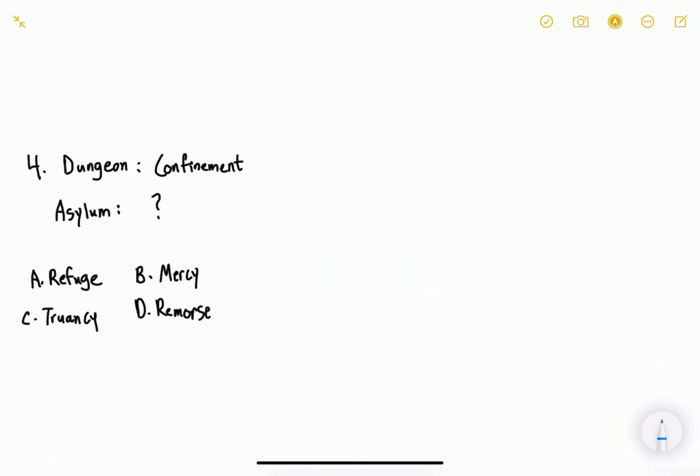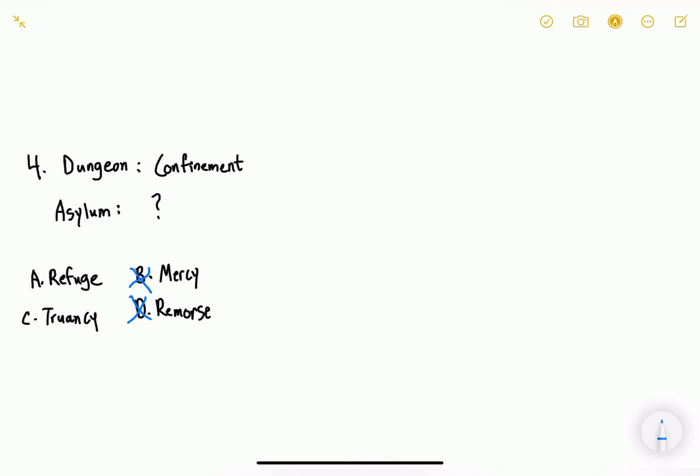Question number 4 says dungeon, confinement, asylum, question mark. We know that a dungeon is like a prison, and it's dark and it's scary. And when you're in a dungeon, you're confined. When you're in asylum, what are you? Are you shown mercy? No. Why? Mercy is showing compassion or forgiveness towards someone, which is not shown in an asylum, nor is remorse.